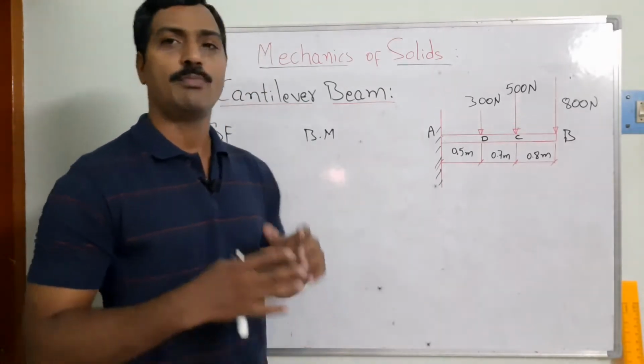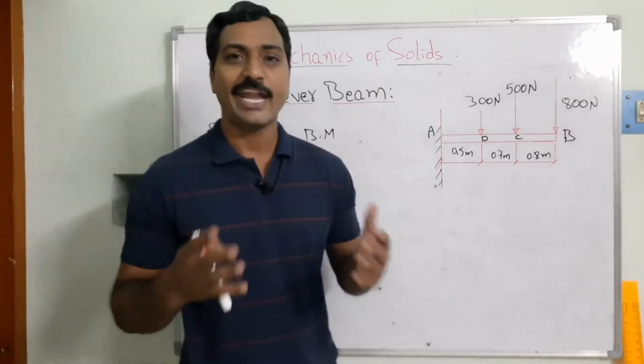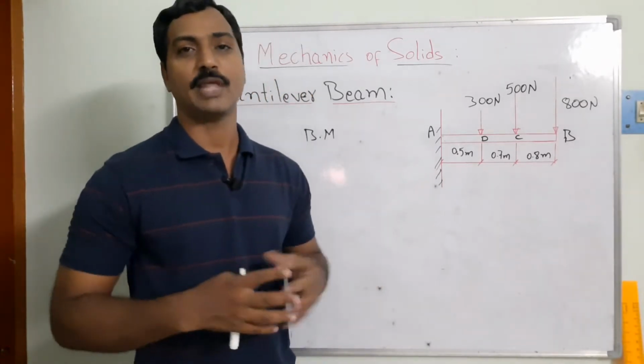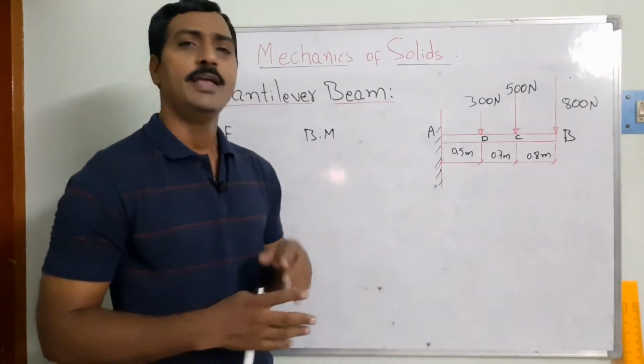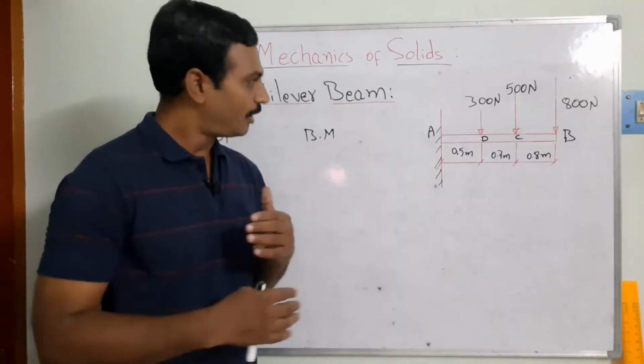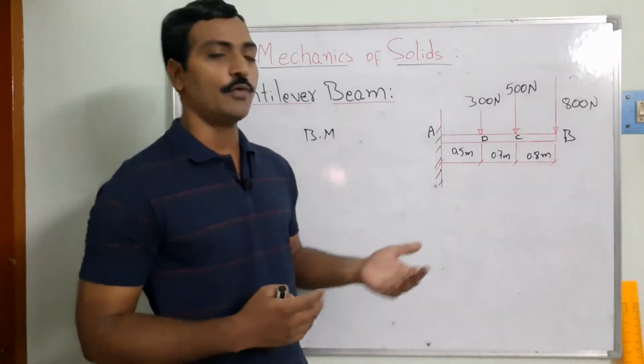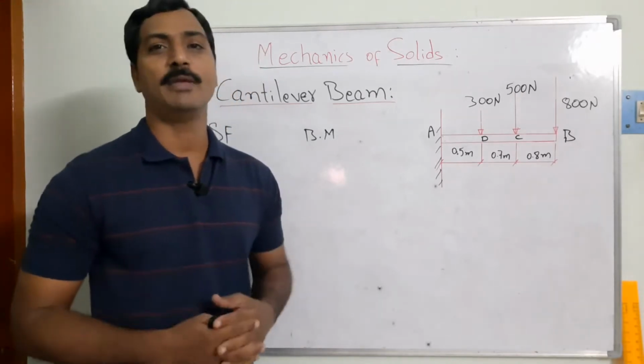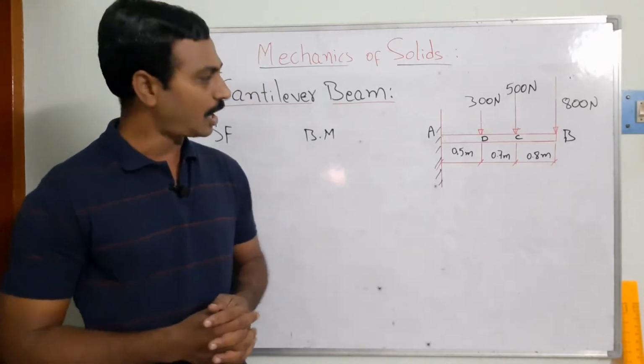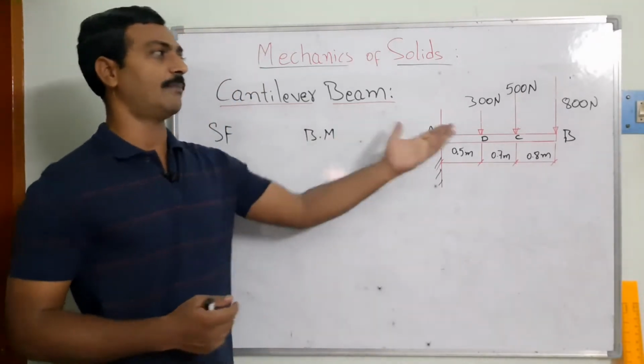Some are finite beams in terms of the length. So that's why understanding the forces, how they are coming and what the behavior of the beam is, is of utmost importance. So now we can see how the shear forces are coming.